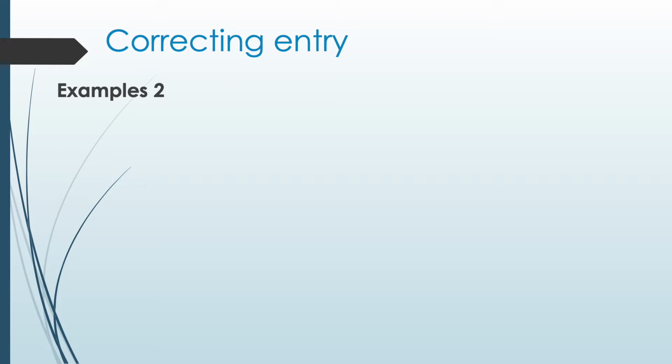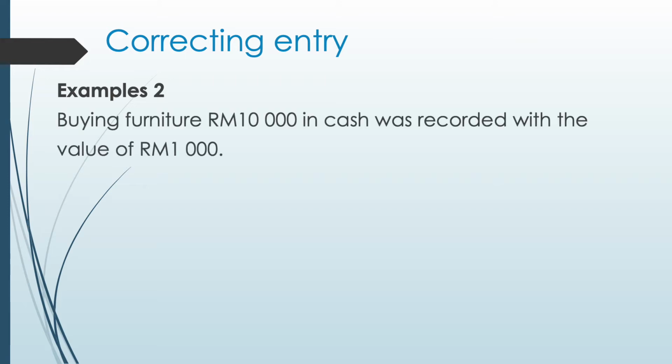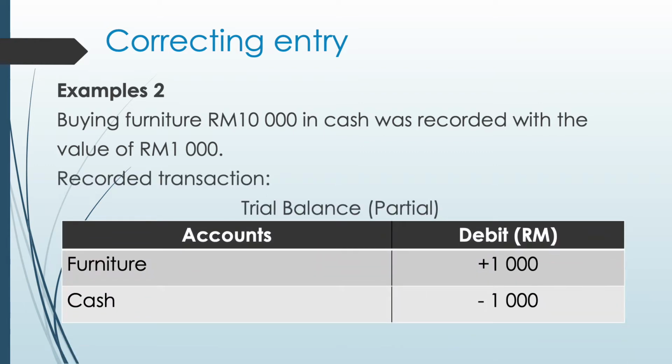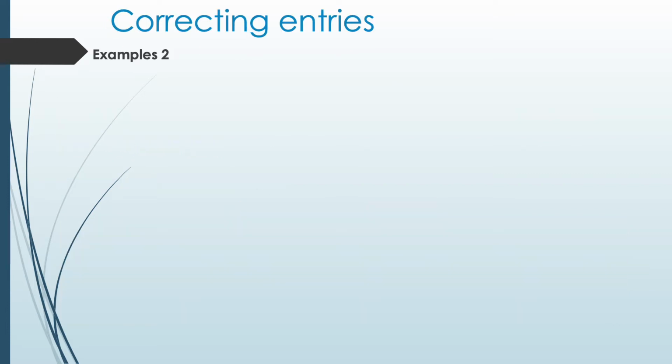Example 2. Buying furniture 10,000 ringgit in cash was recorded with the value of 1,000 ringgit. Recorded transaction, trial balance partial: furniture plus 1,000 ringgit, cash minus 1,000 ringgit. Both are asset accounts, normal balance on debit.